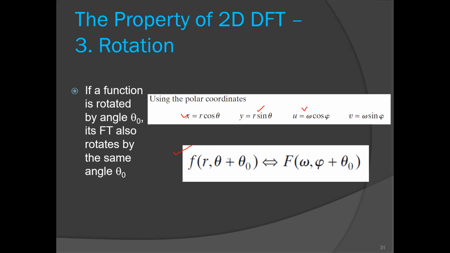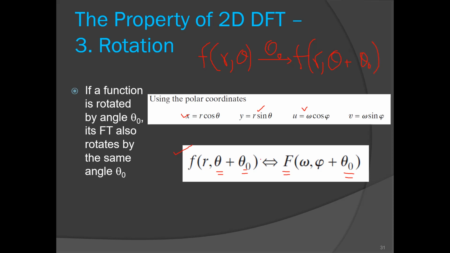So what is the statement of the rotation property? If the image gets rotated by theta 0, the corresponding Fourier transform also gets rotated by theta 0. The original equation in polar coordinates will be like this, and if we rotate by theta 0, it is represented by f of r, theta plus theta 0.